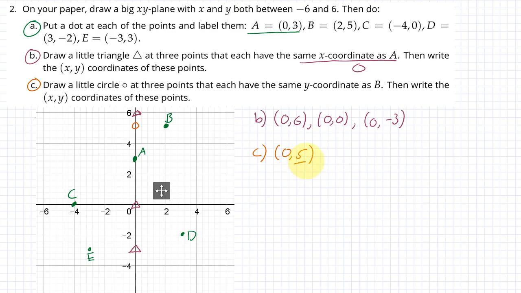The important thing is the y coordinate is 5. What else do we have that has that same y coordinate? We could go over here. We just need to go up or down by the same amount, or maybe over this way somewhat, as long as we stay on this same horizontal line.